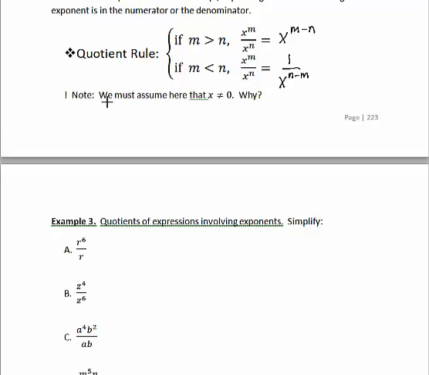Okay, and it's important to note that if x happens to be 0, then these aren't true. Okay, if we have 0 over 0, then what we get is indeterminate.